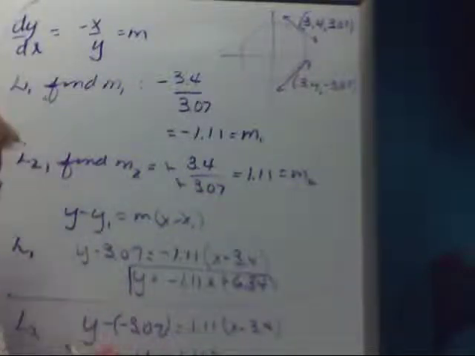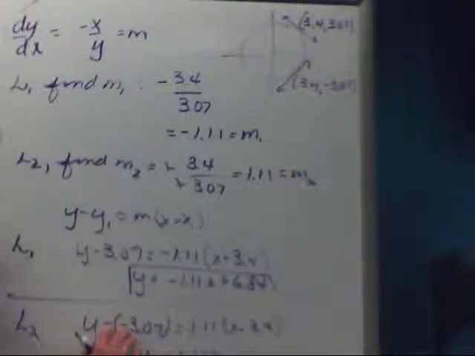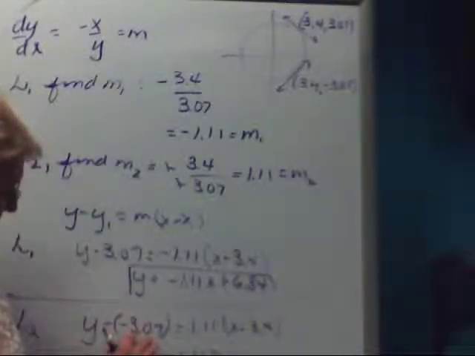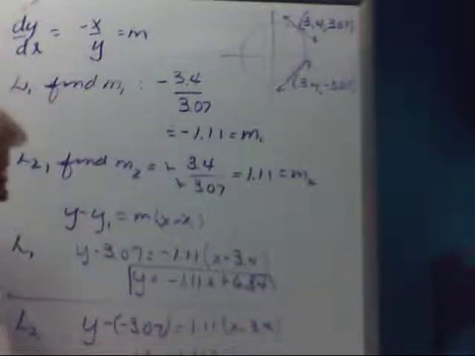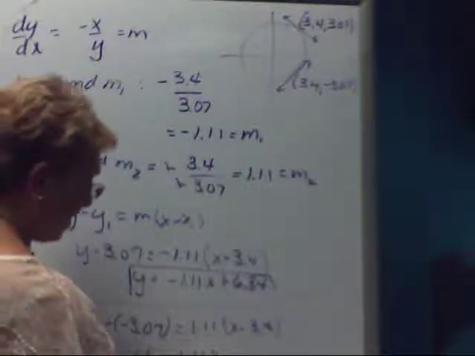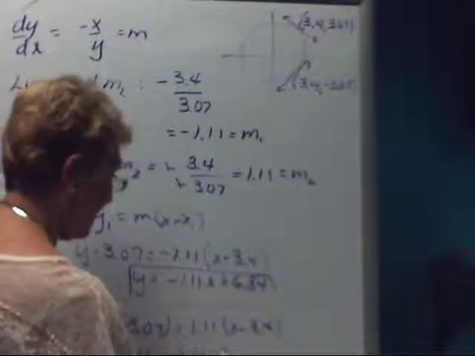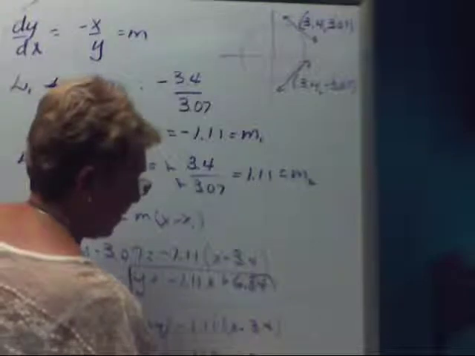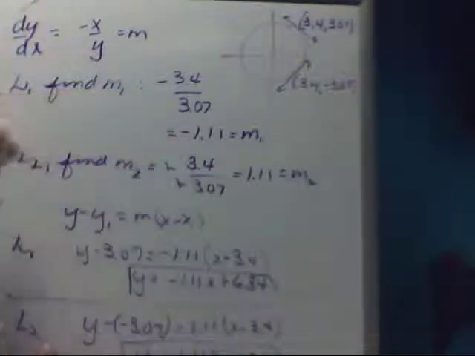And oddly enough, it becomes minus. This one's going to be minus, and these, though positive on this side, need to be subtracted out. So minus 3.4 minus 3.07 is going to give us minus 6.84. So that's line 2.